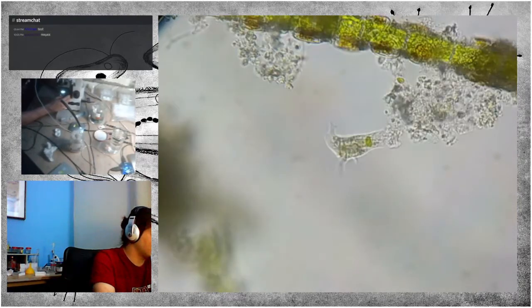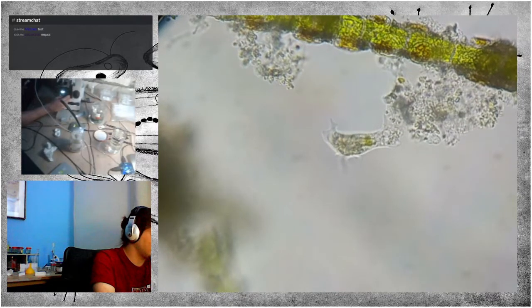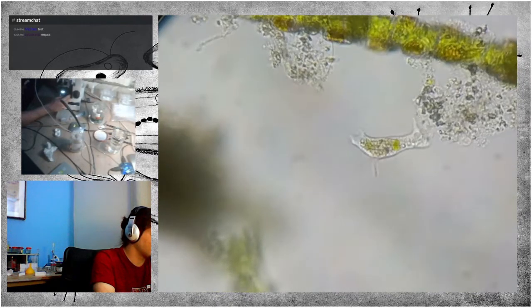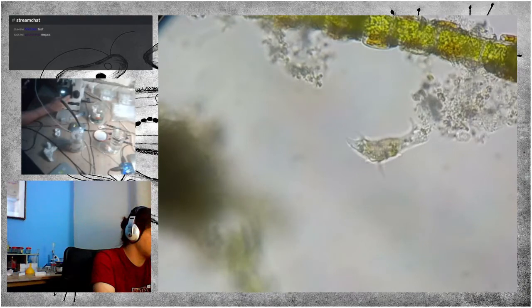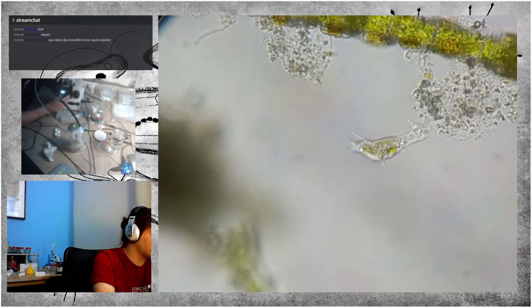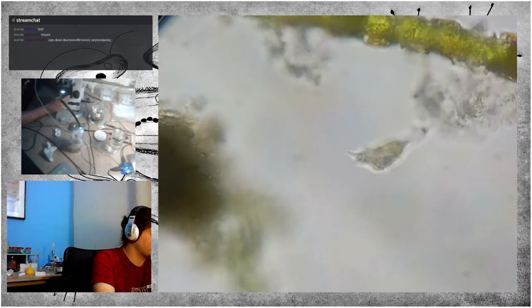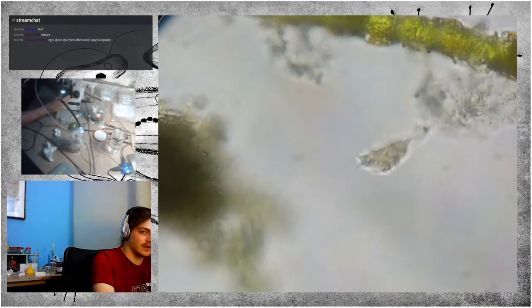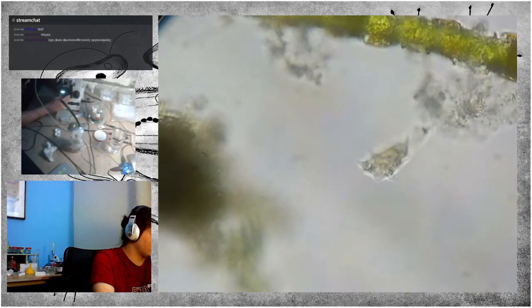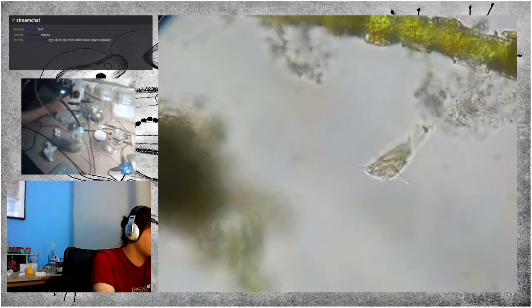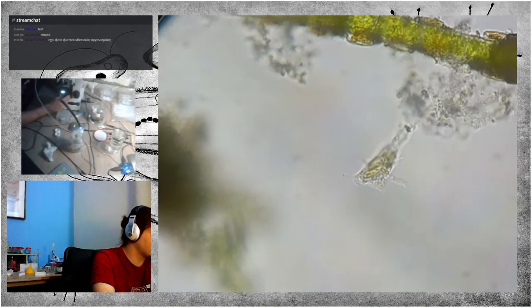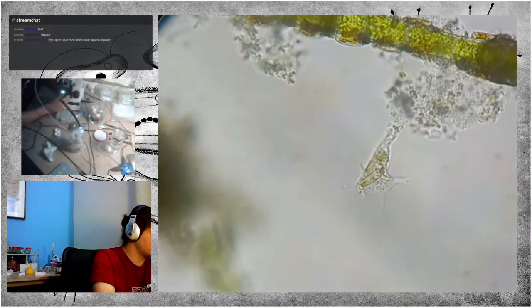Now, amoeba are very flexible, and their form can easily change, and they move by extensions of their cytoplasm and cell membrane, which form those structures.